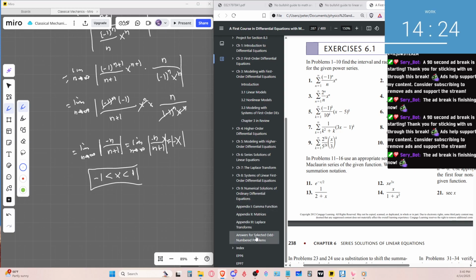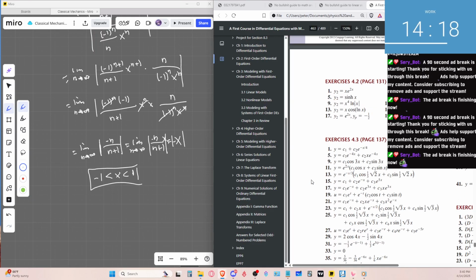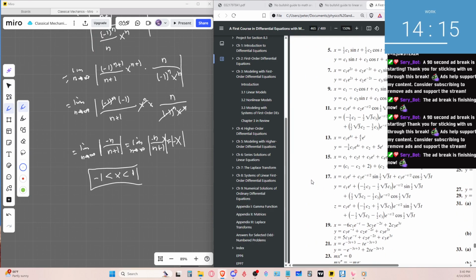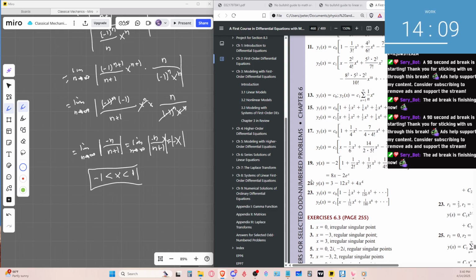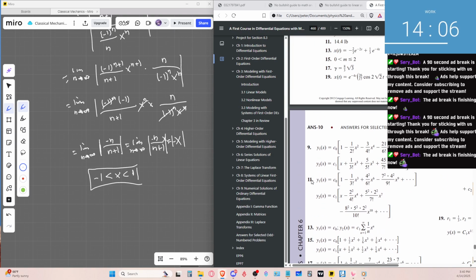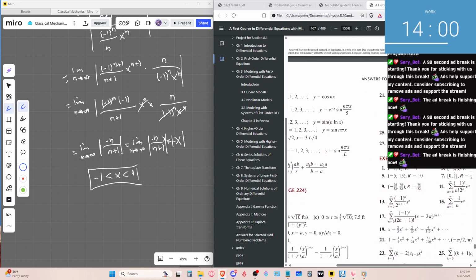This is number 6.1. So let's see. 4.10. 6.2. So it can equal 1, but let's see, negative 1.